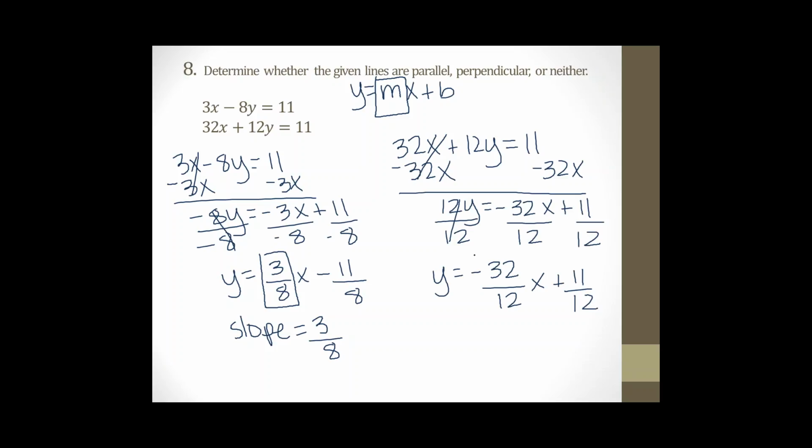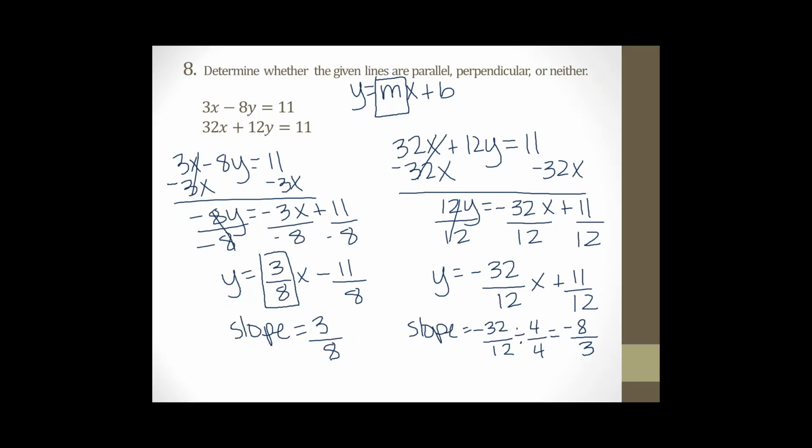Right here we see our slope is negative 32 over 12, but this can be reduced by a common factor of 4. If we divide the top and bottom by 4, that gives us negative 8 over 3. So the slope of the second equation is negative 8 over 3.